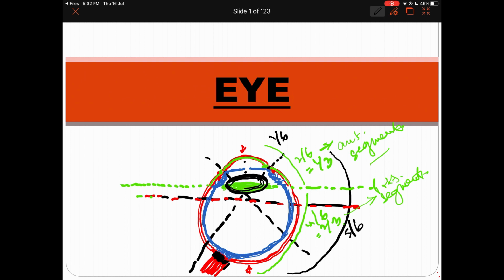So I am drawing the lens here, these are lens fibers. And this is the lens, and you know that the lens is suspended here by zonular fibers from the ciliary body, from the ciliary processes.